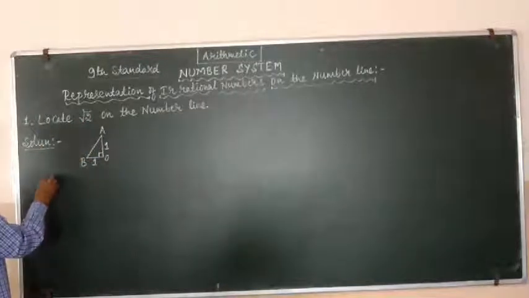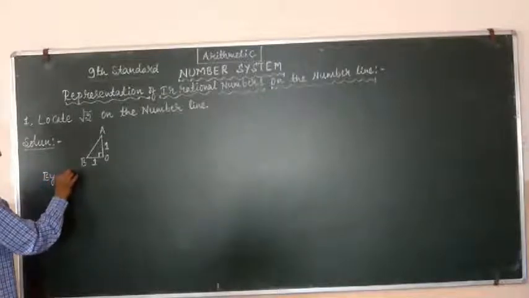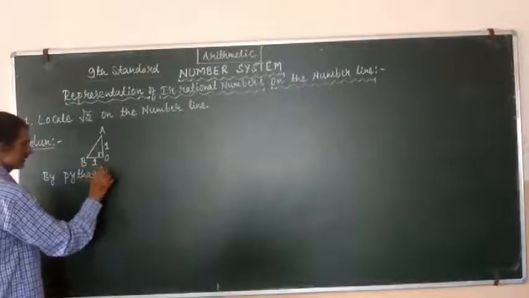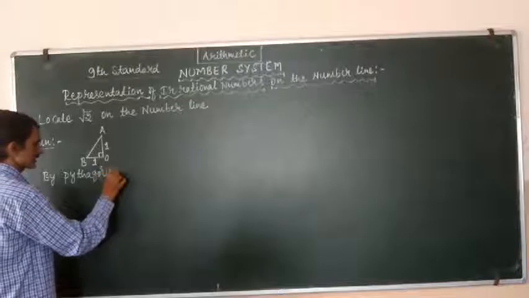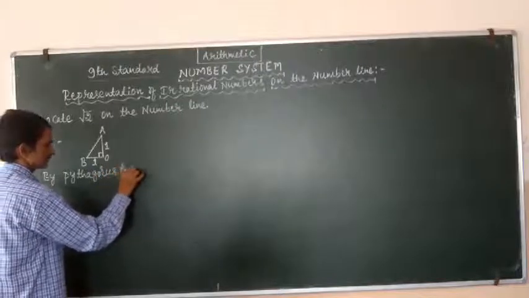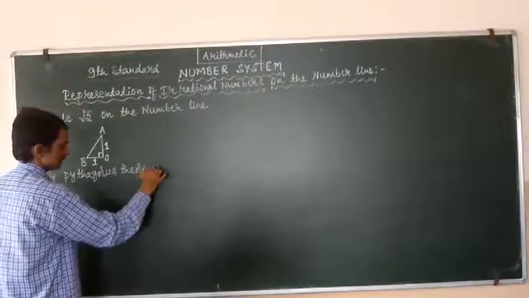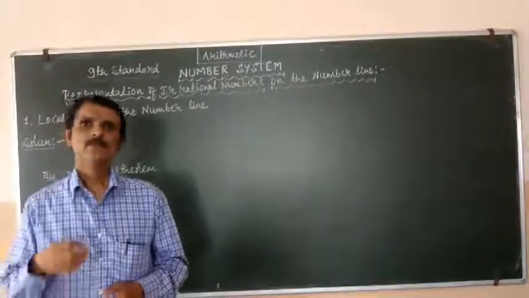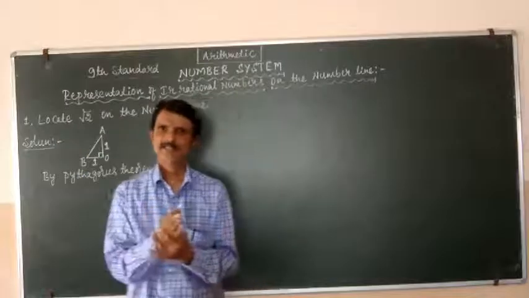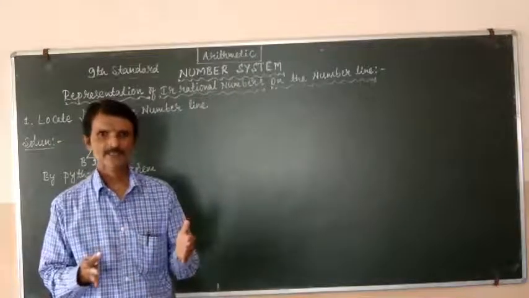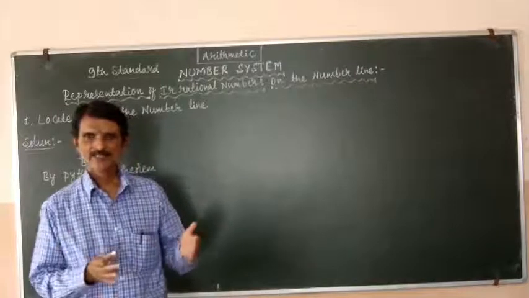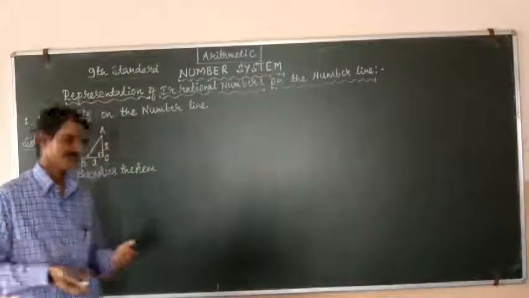By the Pythagoras theorem. Come on, tell me the statement of the Pythagoras theorem. Yes, in a right angle triangle, the square of the hypotenuse is equal to the sum of the squares on the other two sides.